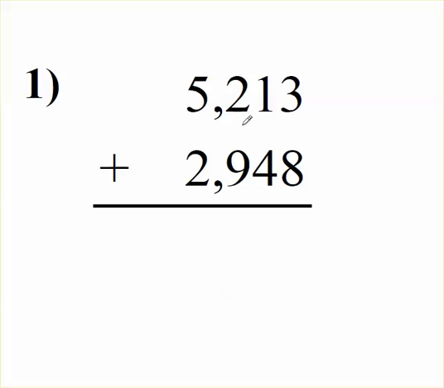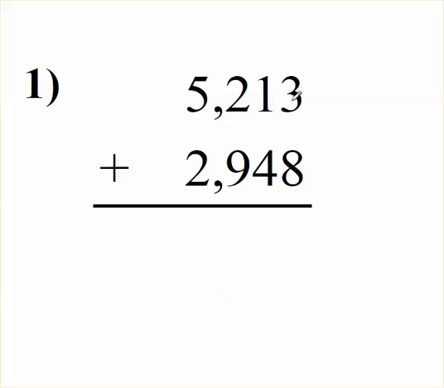The next column is the hundreds column. This is a 2 in the hundreds column, so that's 200. And this is a 9 in the hundreds column, and that's 900. And then over to the left here we have the thousands place, and this is 5,000, and this is 2,000. So even though it looks like a 5, a 2, a 1, and a 3, it's really a 5,000, a 200, a 10, and a 3.